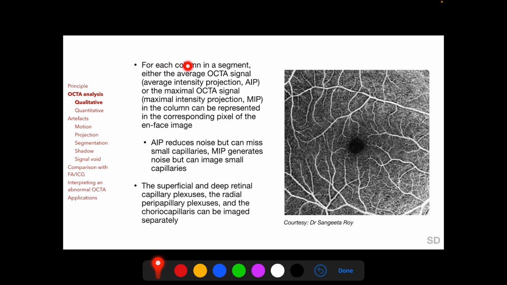For each column in a particular segment, either the average OCTA signal in that column or the maximal OCTA signal in that column can be displayed in the corresponding pixel of the en-face image of that segment. By two-dimensional segmentation, en-face images of superficial and deep retinal capillary plexuses, the radial peripapillary plexus, and the choriocapillaris can be generated.